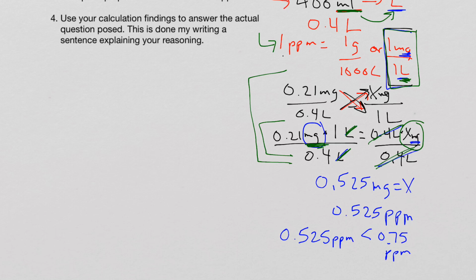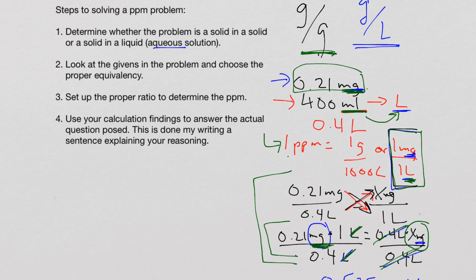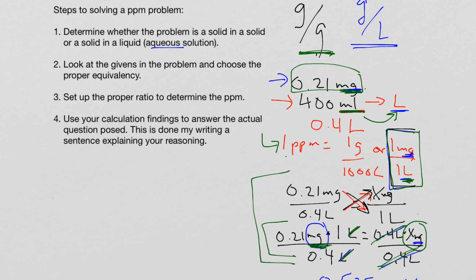So if you can follow these 4 steps to setting up your actual ppm problem, and if you can memorize your equivalencies, you should not have a hard time solving these problems, because mathematically this is simply a cross multiplication.